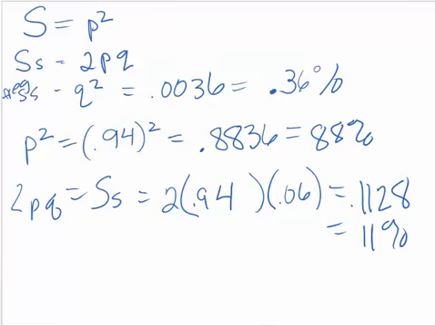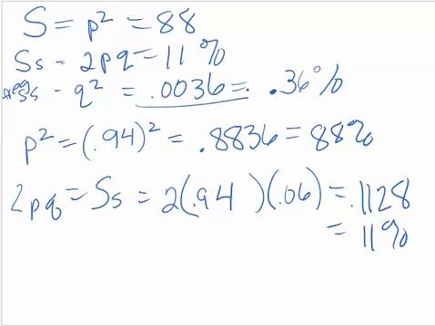So big S big S is going to be 88%, 2PQ is 11%, and Q squared, or little s little s, is 0.36%. The way you can check that is to add all three of these together, and they equal 99.36. That's very, very close to 1, or to 100.